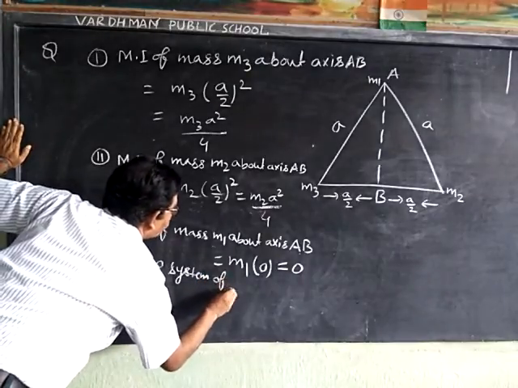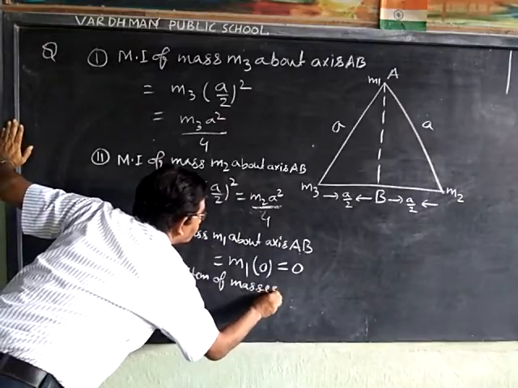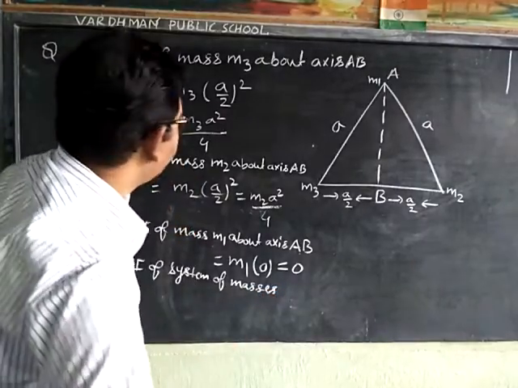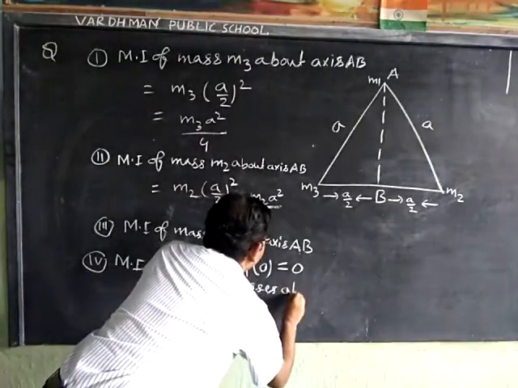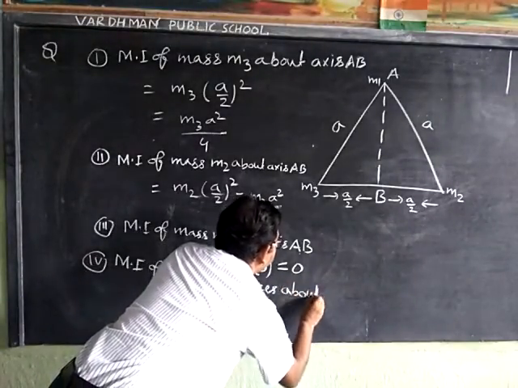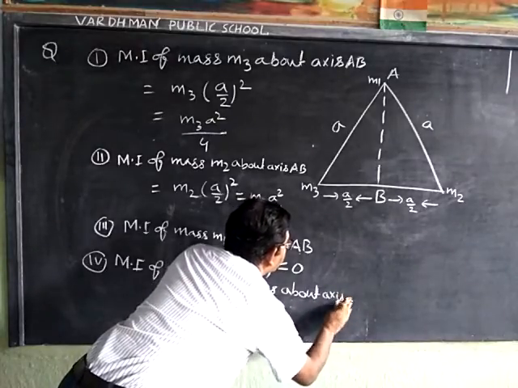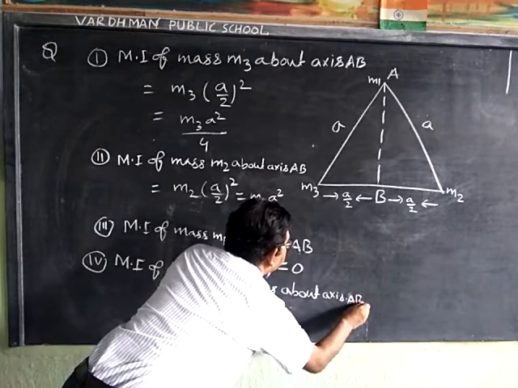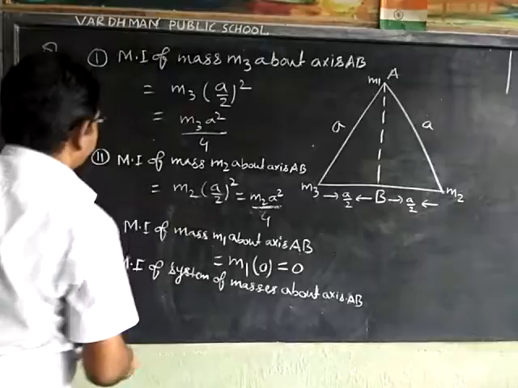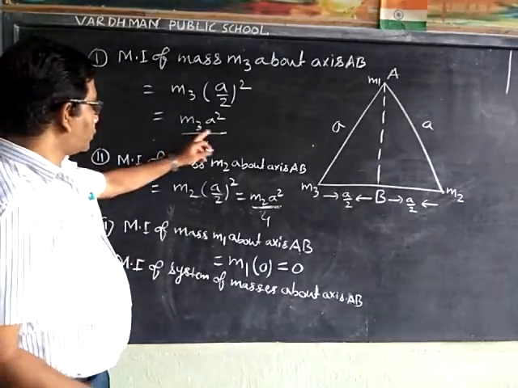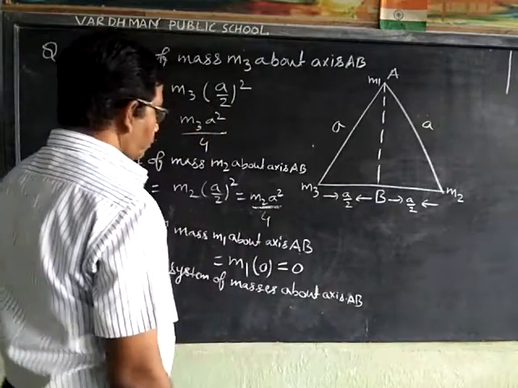This is M3 a square upon 4 plus M2 a square upon 4.